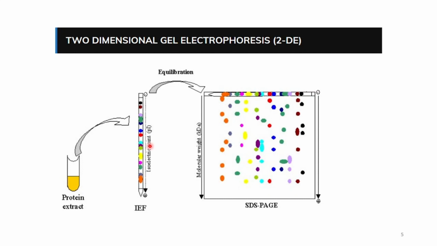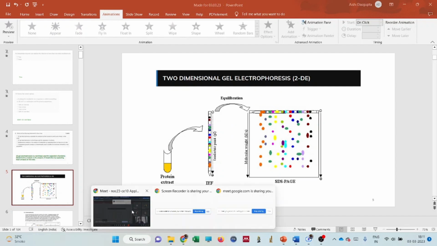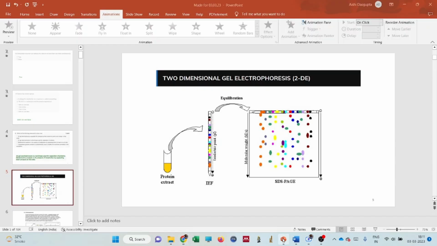It comes in its zwitterionic form. It does not carry any excess charge. So the isoelectric points of different proteins will be different because of the different side chains basically. So this technique utilizes both the isoelectric points of the proteins and also the SDS-PAGE technique.